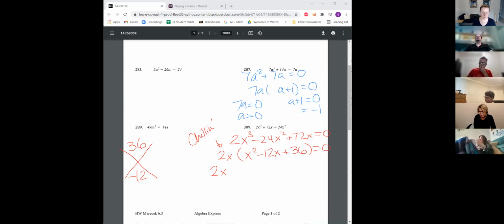I just solved by factoring, just like I had done in number 283 up above, but I didn't use the big X.